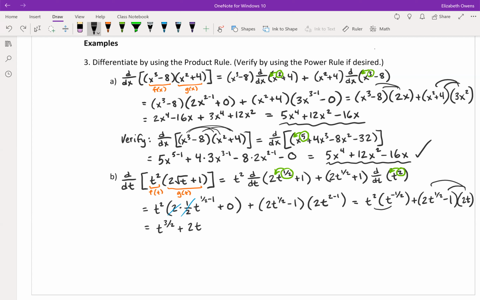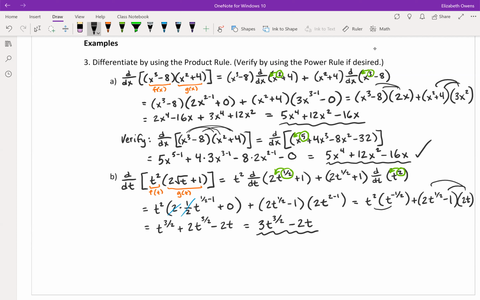Even though there's not a 1 written, we know it's hidden there. So that would be t to the 3/2 power as well, and then minus 2t. Okay, so combine these like terms there, the t to the 3/2. We got 3 of those. 3t to the 3/2 power minus 2t. And that is our derivative.